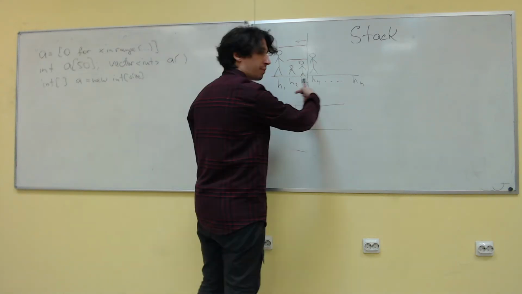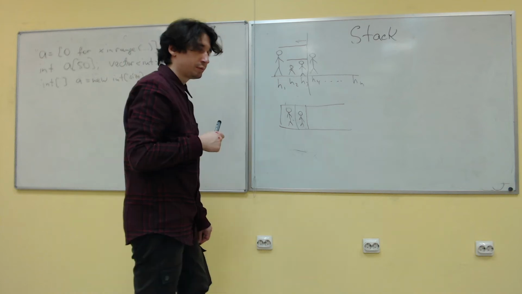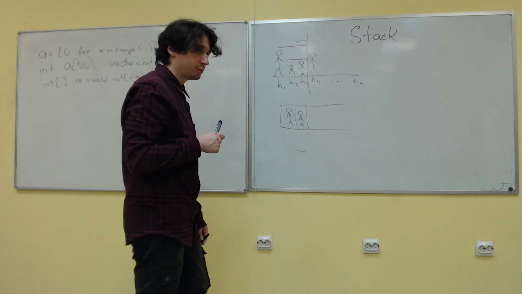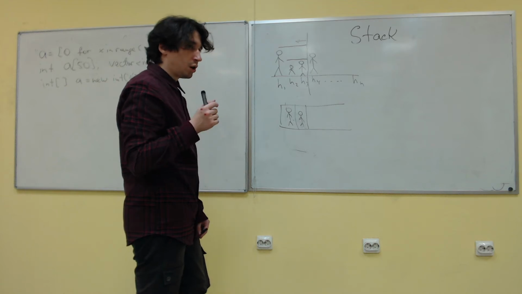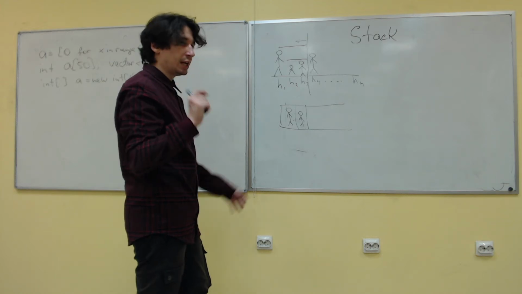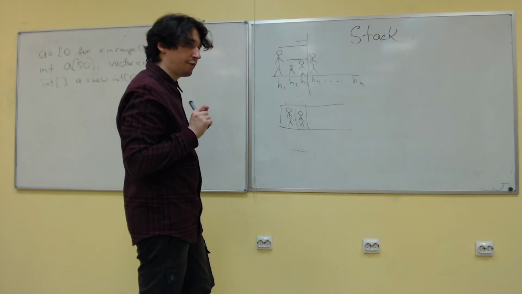The same going from the right. You can do the same from the right. Can you tell me what is the complexity of this algorithm? Like, first, is the algorithm clear? Do you have questions about it?